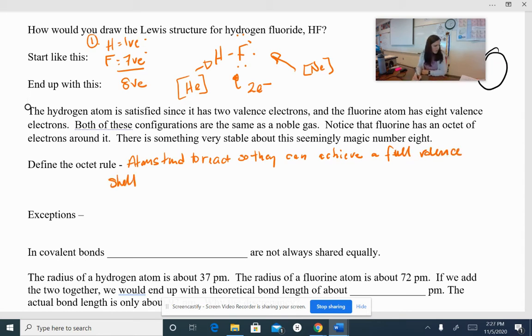Now remember, a full valence shell is 8 valence electrons, or an octet. Okay, so we're trying to get to that magic number of 8 valence electrons.